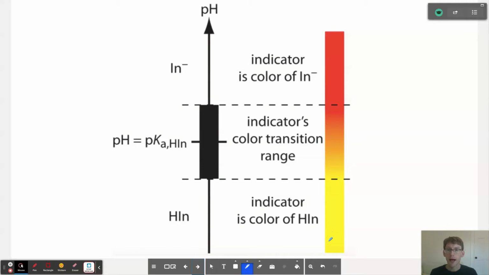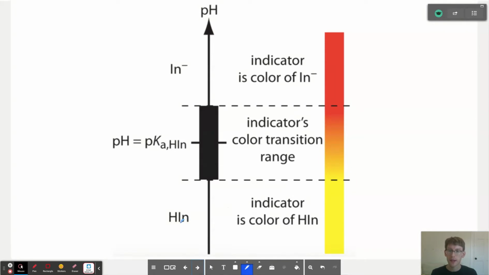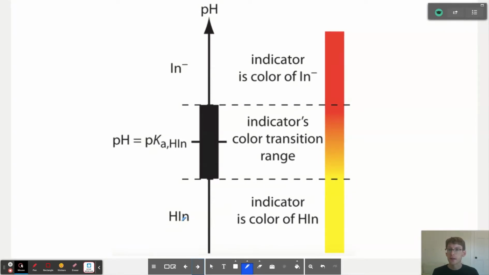Well, if we add in base, the pH is going to rise and rise, and what that will do is make the equilibrium less in favor of there being HIN, and a little bit more indicator negative will start to become present. And so we'll have a little bit less yellow and a little bit more red.